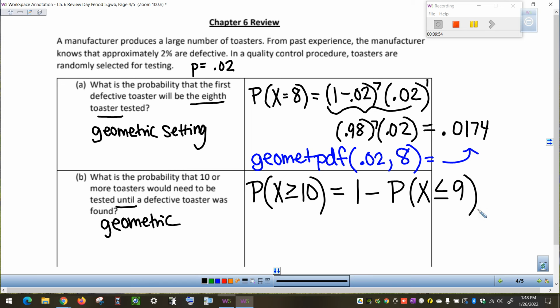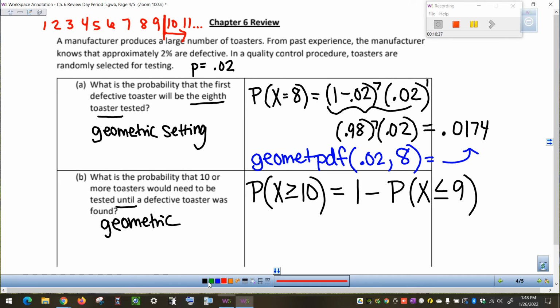The calculator is always going to give us the total to the left of our value, and so if you think about what 10 or more would actually look like, we'll draw a little line here, 10 or more. That's kind of like the shading is to the right. The calculator has the ability to give us the total of everything to the left. So 10 or more is the same thing as 1 minus 9 or less.